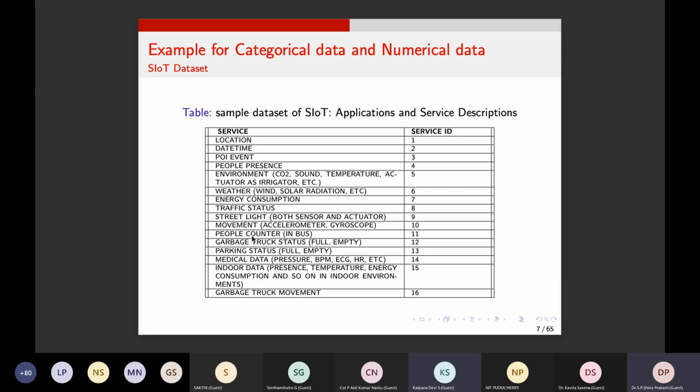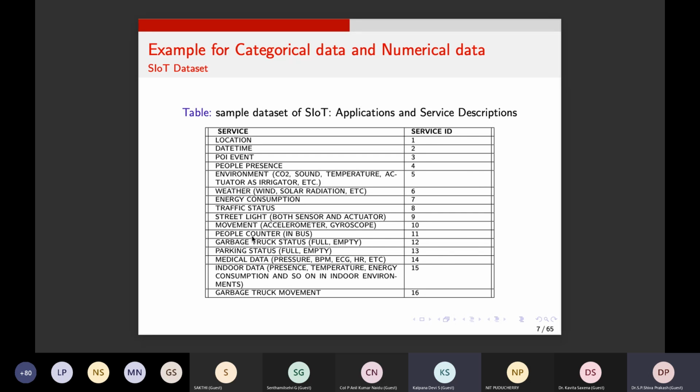Now, if you try to consider a set of categorical data and also numerical data within an SIoT data set, okay, this table describes a certain set of applications and services which have both categorical data and numerical data.